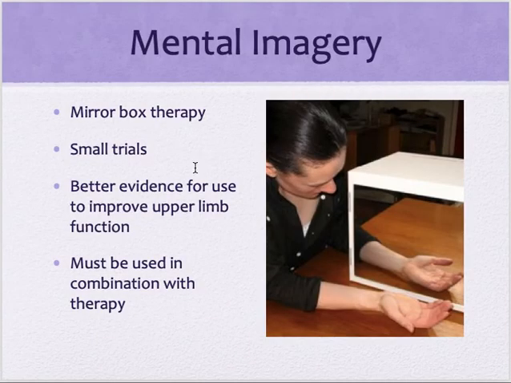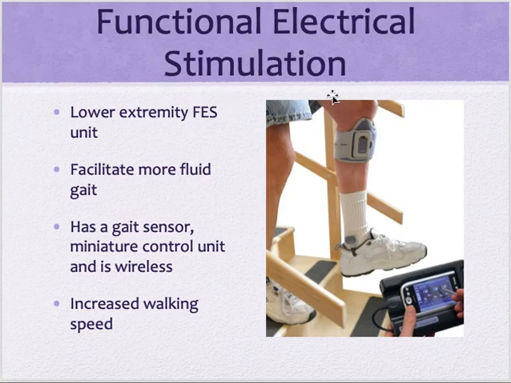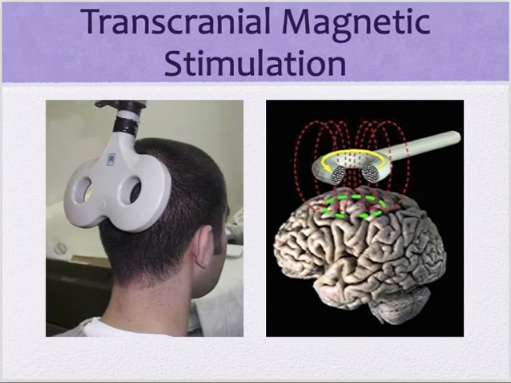Again, this mirror box therapy is mental imagery. Yes, we have discussed this, and this is again functional electrical stimulation, which we have discussed, and one more functional electrical stimulation. Okay, now what is transcranial magnetic stimulation? By the way, these are all newer techniques, newer ways.